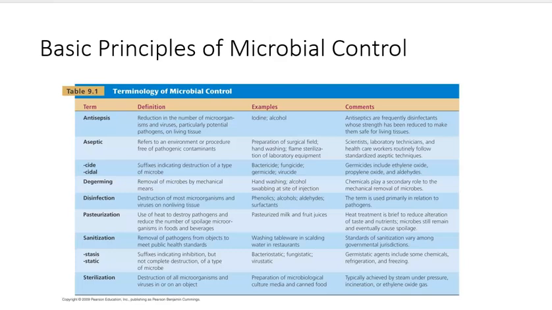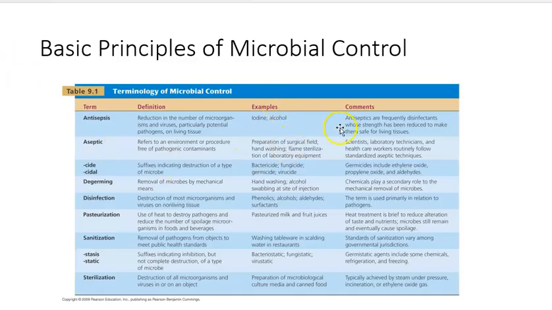I'm telling you right now, these terms will be on the exam. You need to know the difference between an antiseptic, an antimicrobial, a degermer, what sanitation is, what sterilization is. So there is a difference in each one of these.